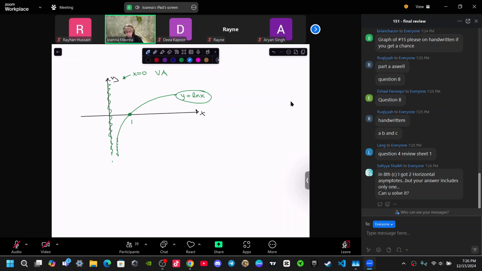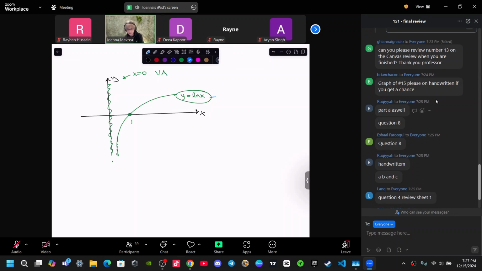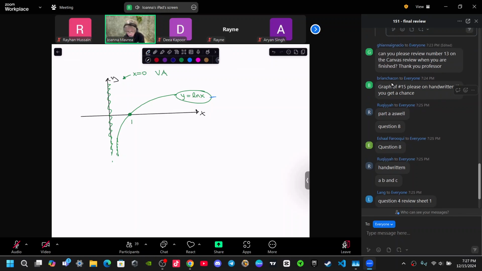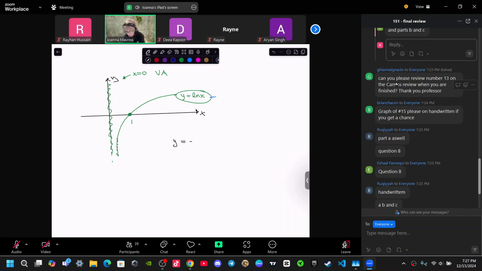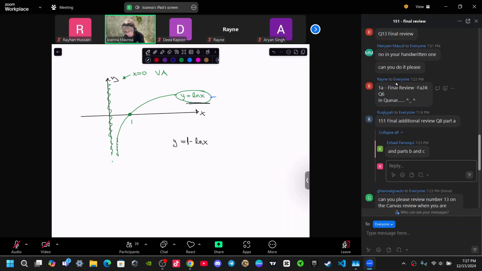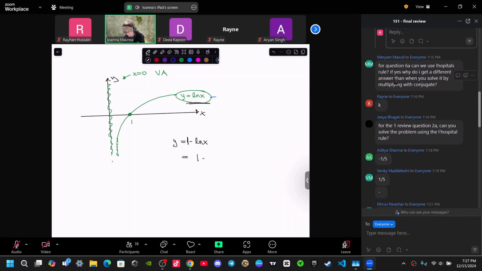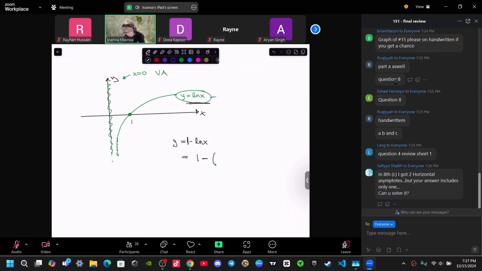Okay, that was weird. So if somebody gave you this function, it only has one asymptote, a vertical one, nothing else. So if somebody gave you this new function, how does that differ from that? Well, it's 1 minus the old function.